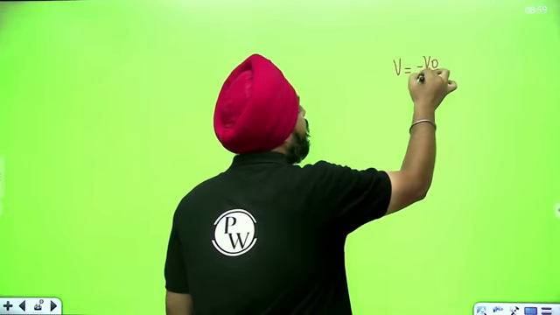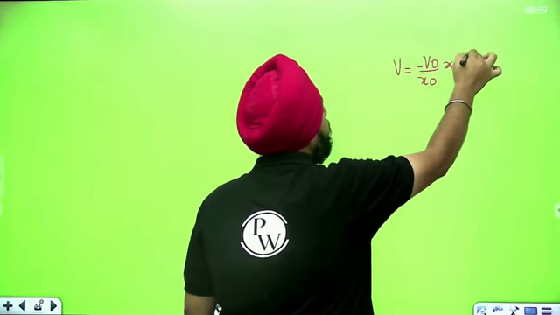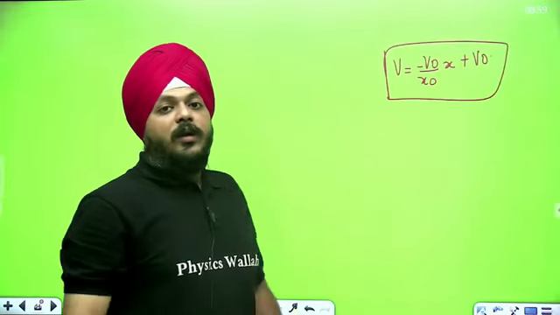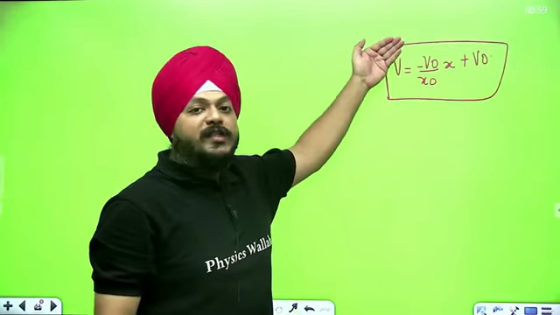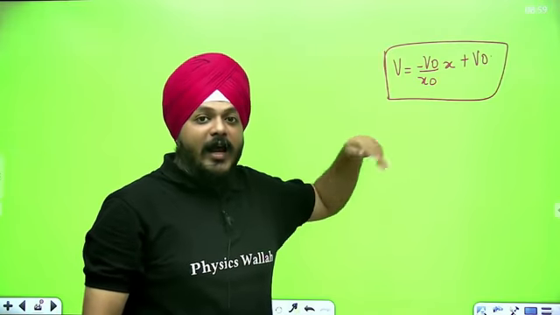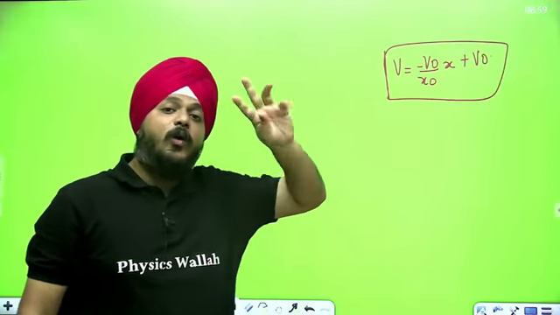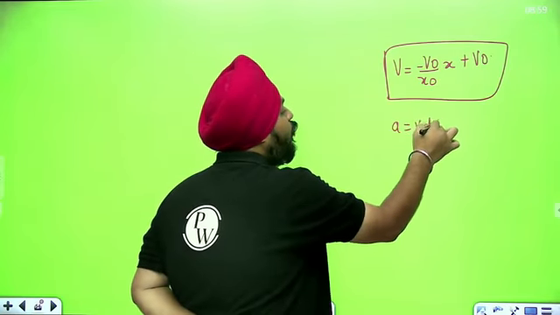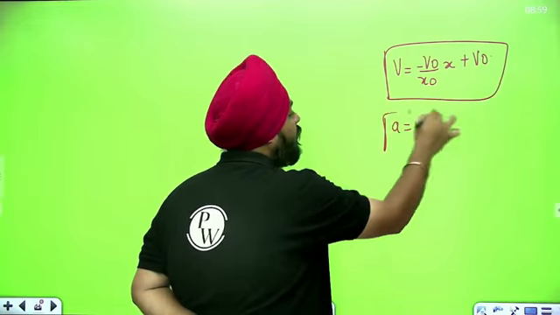The equation is v equals negative v naught by x naught times x plus v naught. We have to reach from velocity to acceleration via displacement, so we have to use the formula a is equal to v dv by dx from the calculus concept.